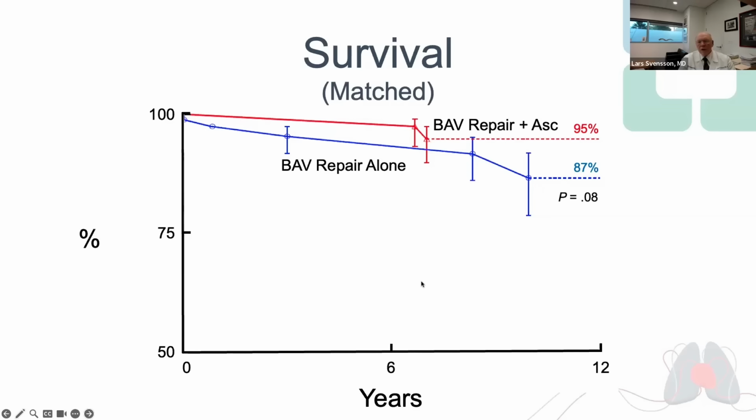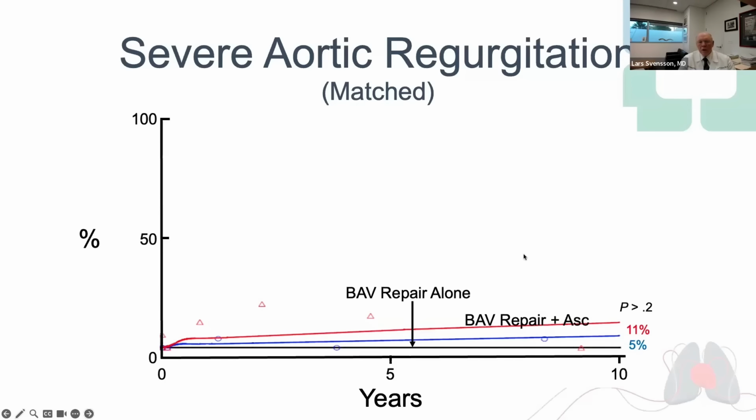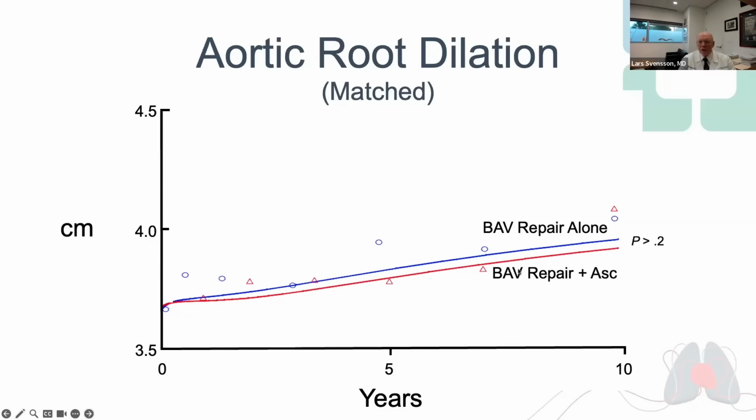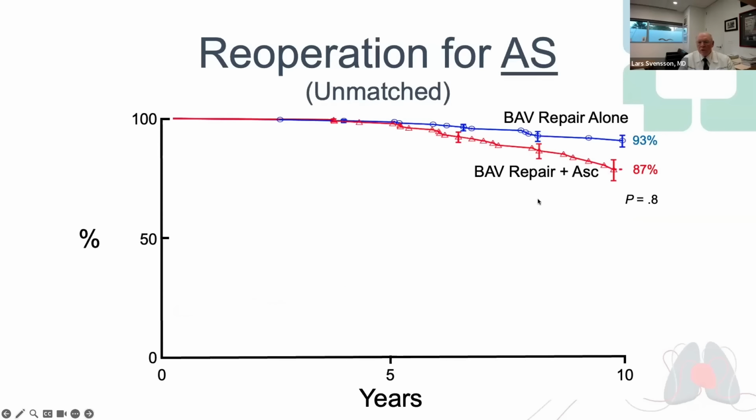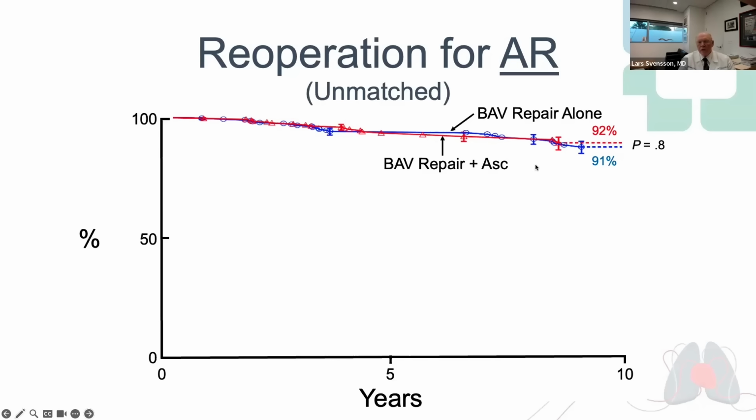And late outcomes basically showed, when it comes to survival, no significant difference in survival over time out to 12 years, no difference in regurgitation from the valve, leaking valves over time, no difference in dilatation of the aortic root or the ascending aorta afterwards, and reoperation for aortic valve stenosis development was the same in that population, and no difference in reoperations for aortic valve regurgitation.